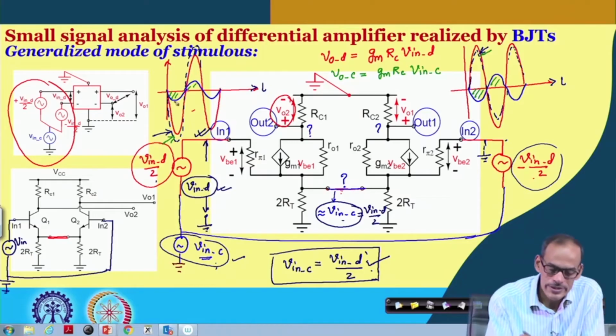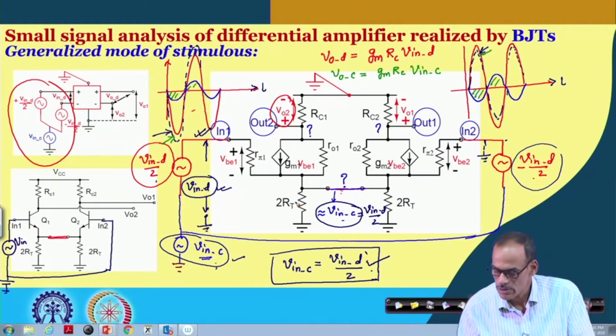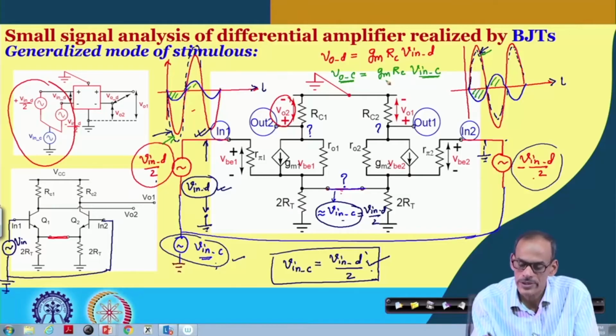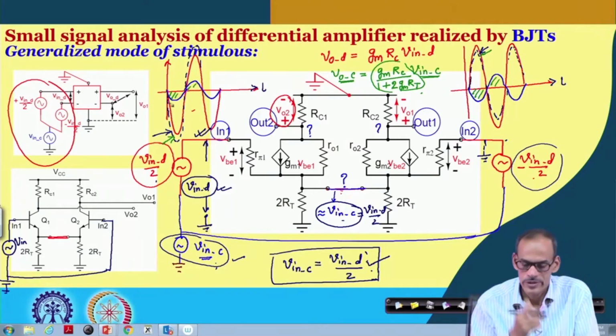The corresponding signal here is different, because the common mode gain and differential mode gain are quite different. Sorry, I have committed a mistake here. VOC will be V in C multiplied by GM into RC divided by 1 plus 2 GM into RT. Yeah. So, since this gain is low, that is why we are getting a smaller signal.